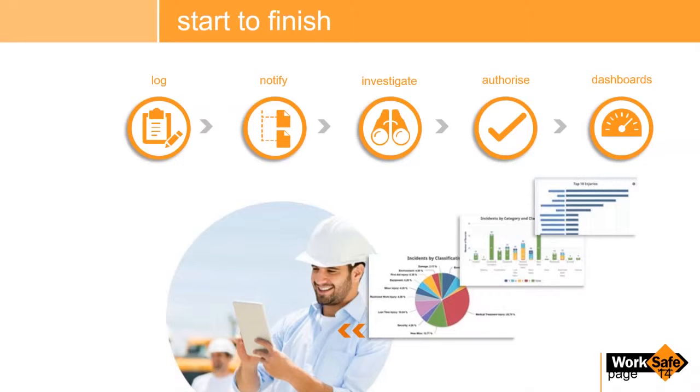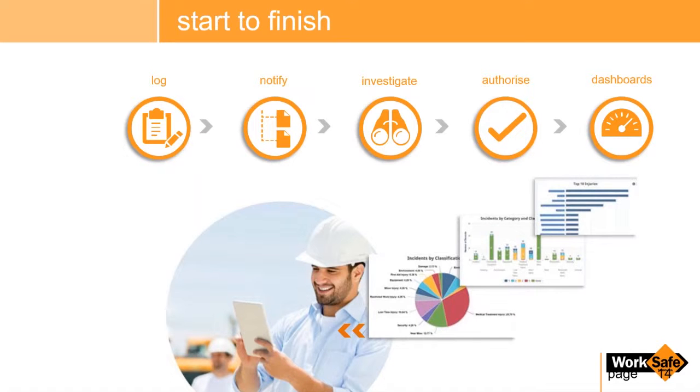One of the aspects of any good solution as far as safety management software goes is to have a start to finish or an end-to-end process. So looking at this process here, I should be able to log an incident or a hazard or other information using a mobile device. Once I've done that, let's go back to that example in the field before, where I was the classroom teacher and the driver was driving dangerously.